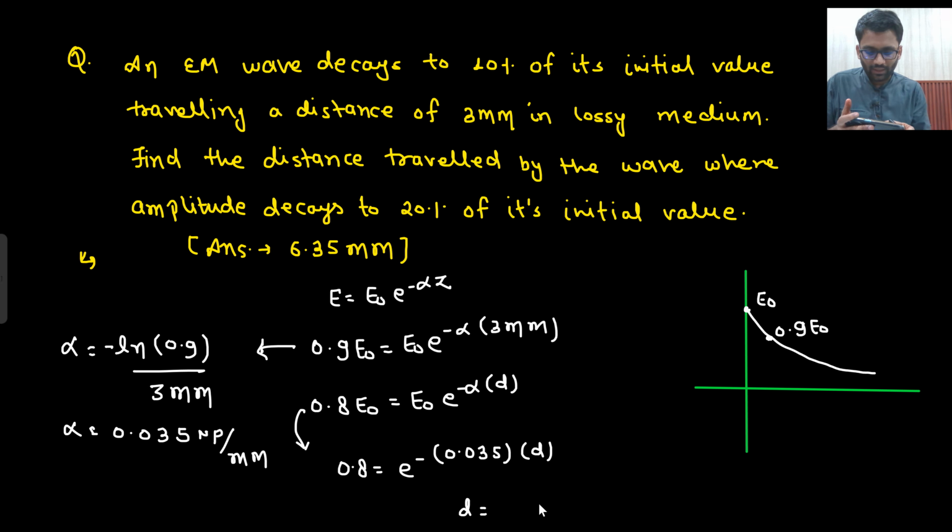So what will be your alpha by beta? For alpha by beta you need to take the whole thing under root. Here I am assuming x is equal to sigma by omega epsilon, because what we need to find is the loss tangent. So what is your loss tangent? Loss tangent is equal to x is equal to sigma by omega epsilon.